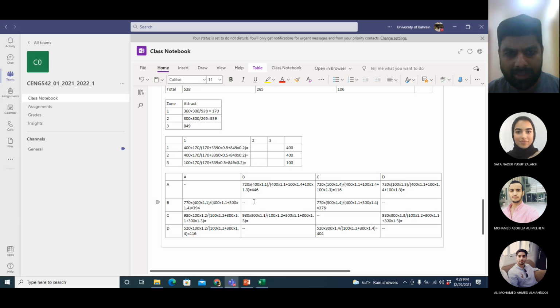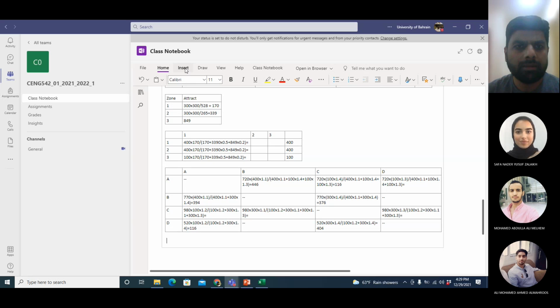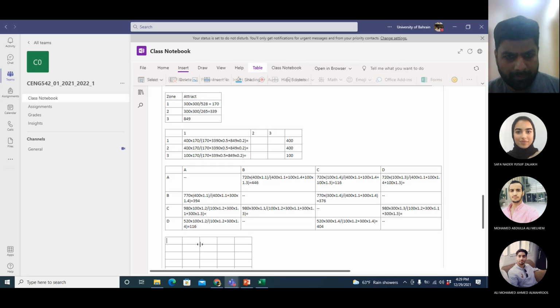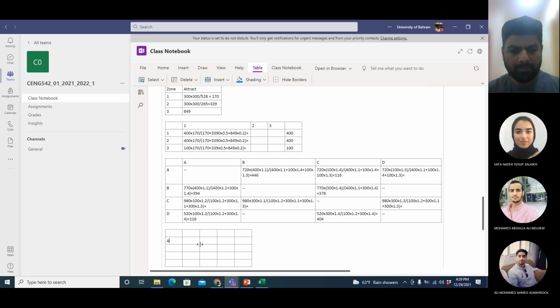This is why I calculated some of the values. So I make another table here, again 5 by 5.